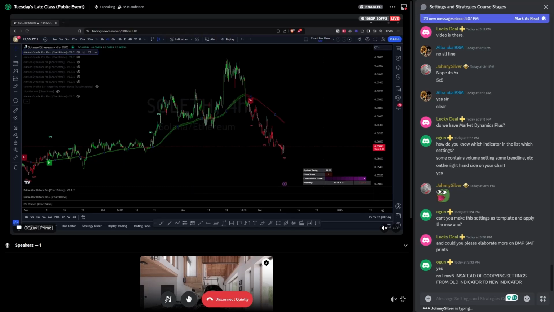Yep. So let's go over, Ogun, your previous question, right? What do I have set up on my indicators and how do I have them set up? So the first one is the bare minimum, the simplest way, right? The thing that I really just look at for 90% of my analysis, which, remember, less is more, right?